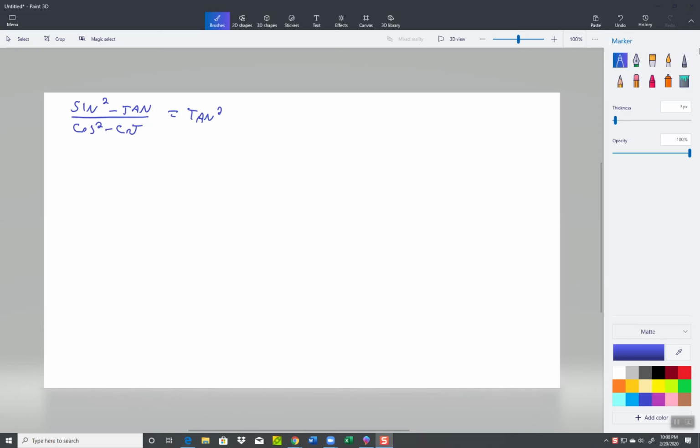Okay, let's take a look at this problem. I'm going to start with the left side, of course, and I can rewrite tangent as sine over cosine. And then down here, I can rewrite cotangent as cosine over sine.